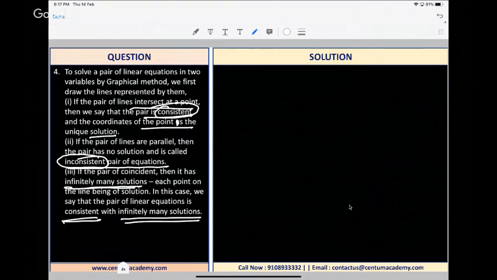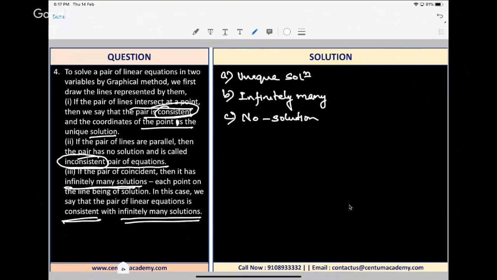So what all? One is you have a unique solution, then there are infinitely many solutions, and then third is no solution. In these cases, the system is consistent, consistent, consistent.